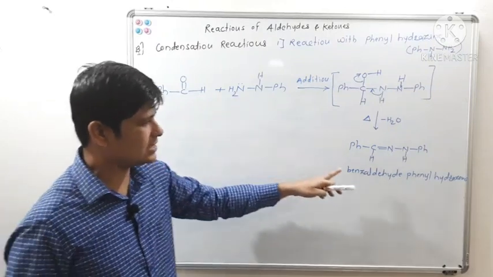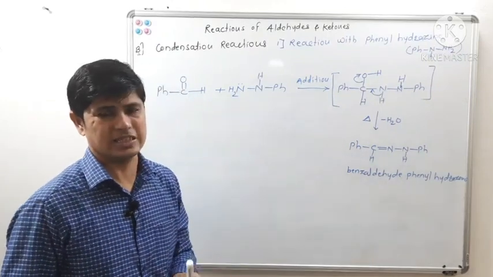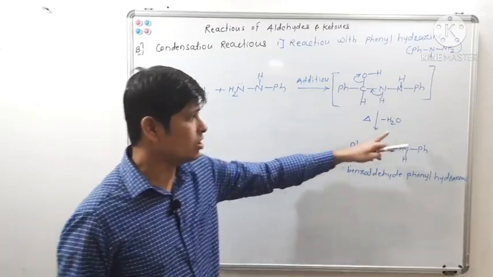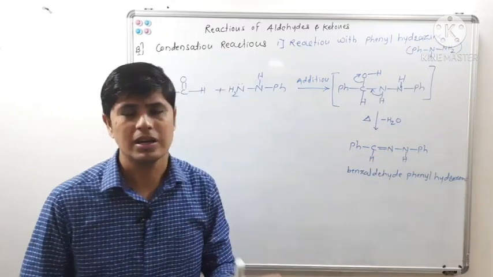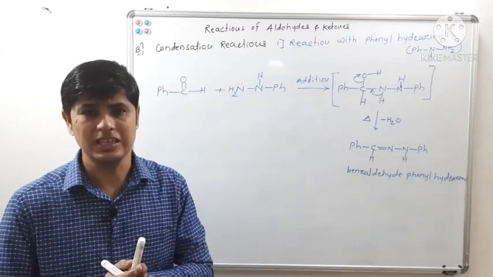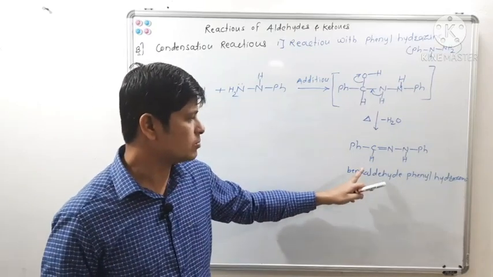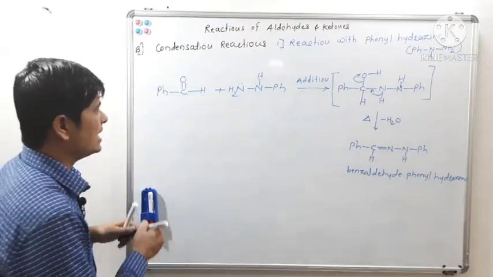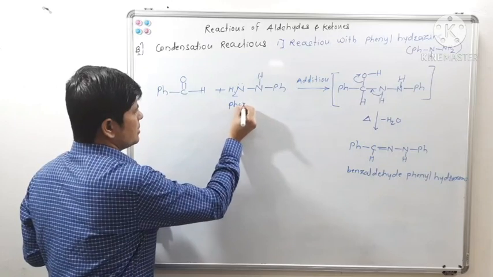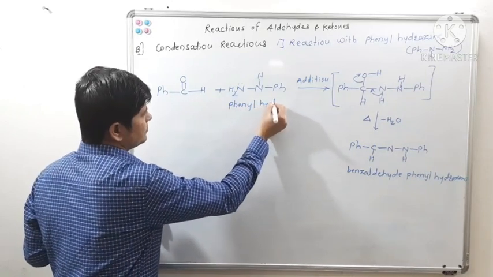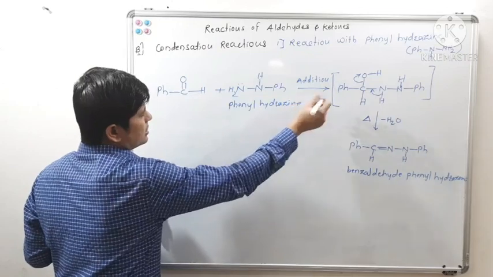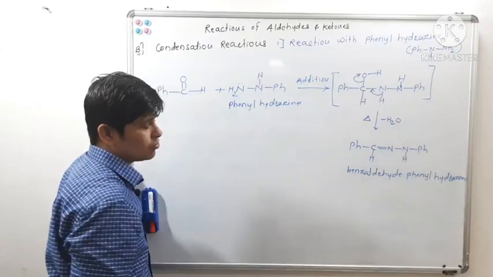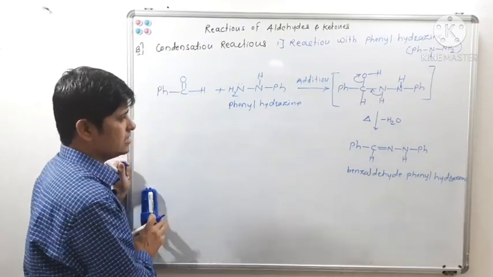In the same way this reaction happens, and this is a condensation reaction, as there is loss of a water molecule and formation of an unsaturated linkage. So what is the name of this product? Benzaldehyde phenylhydrazone. When benzaldehyde reacts with phenylhydrazine there is formation of that adduct, and on heating it loses a water molecule, forming benzaldehyde phenylhydrazone.